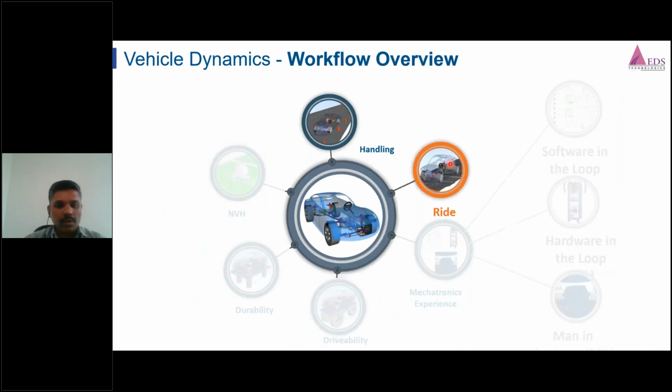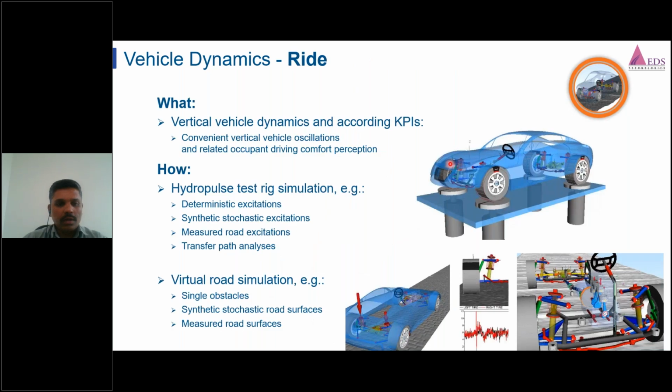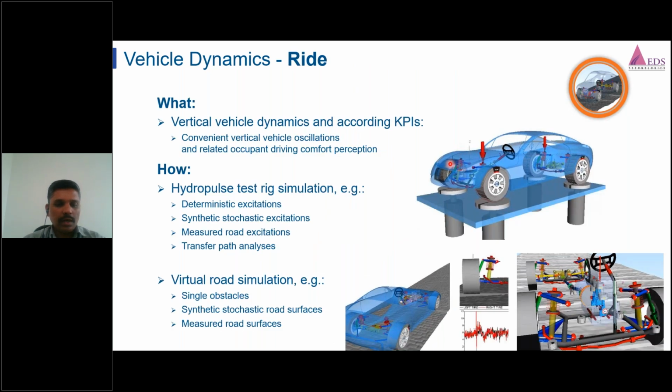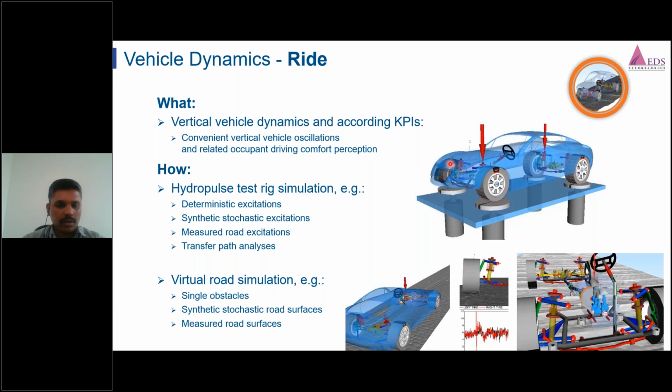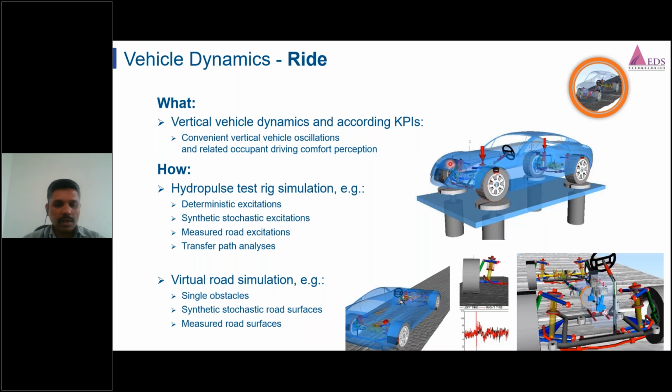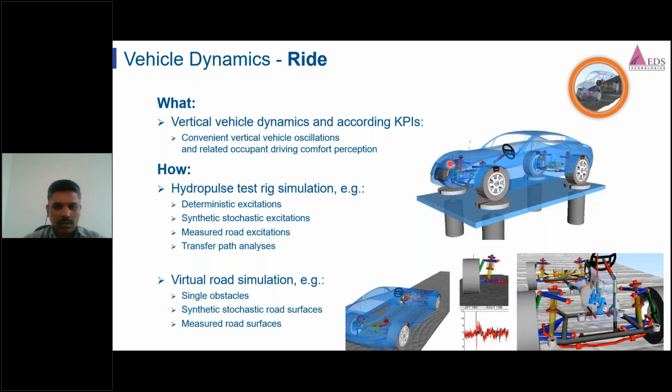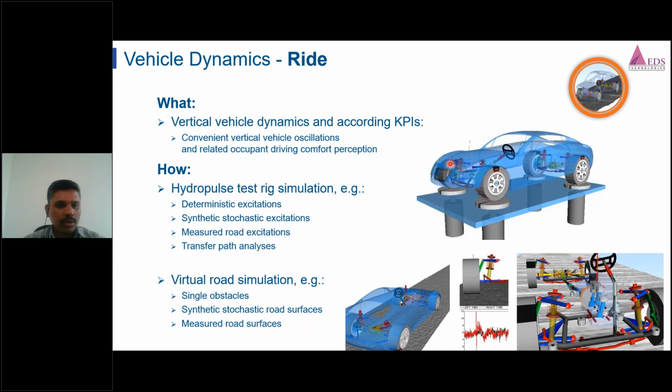The next workflow in these vehicle dynamics processes is the ride workflow. What does it mean? It's related to vertical vehicle dynamics and according KPIs. The target is convenient vehicle vertical oscillation behavior and the related occupant driving comfort perception.